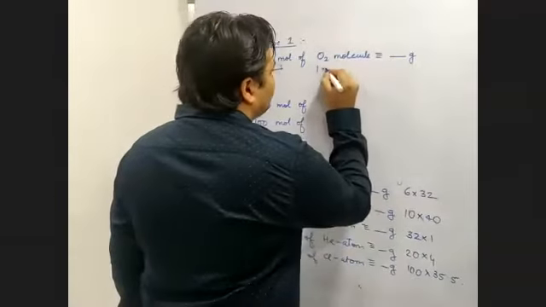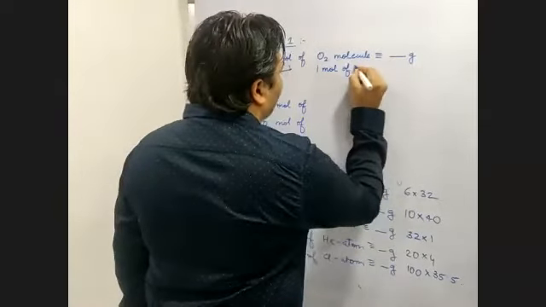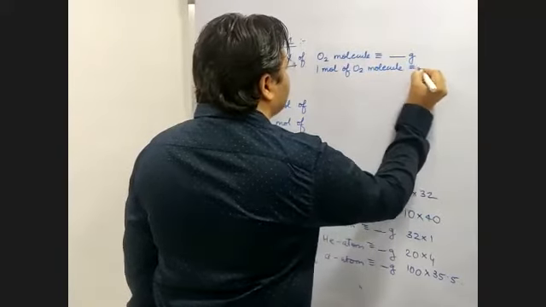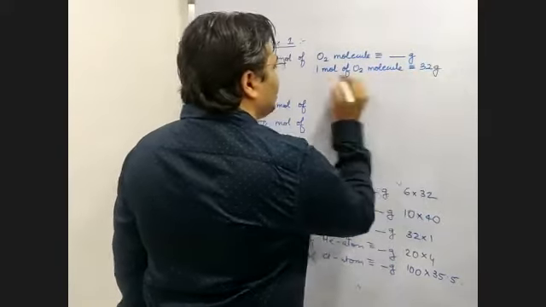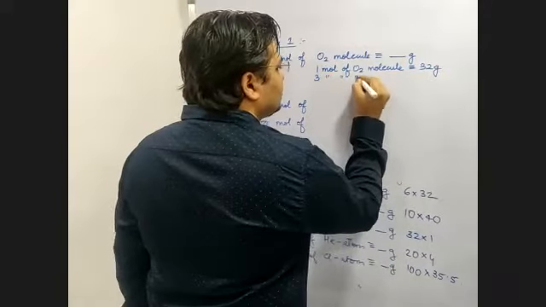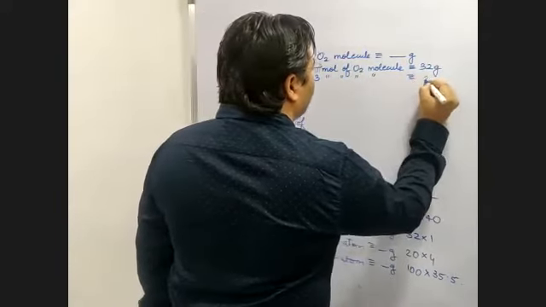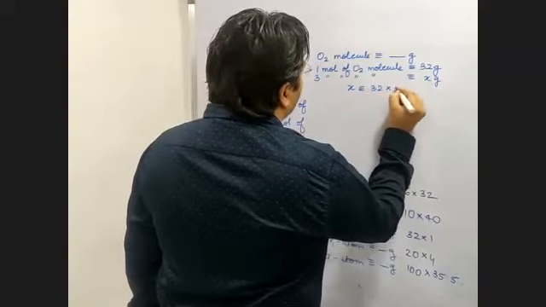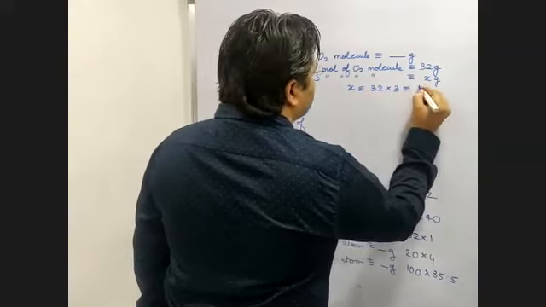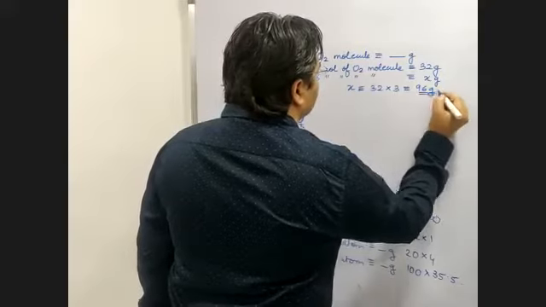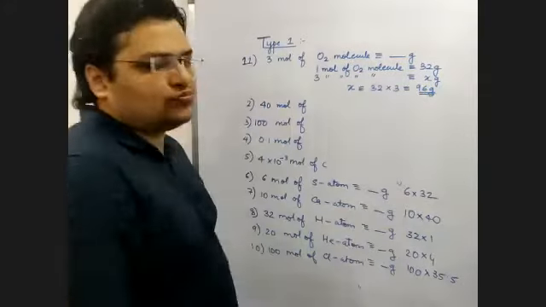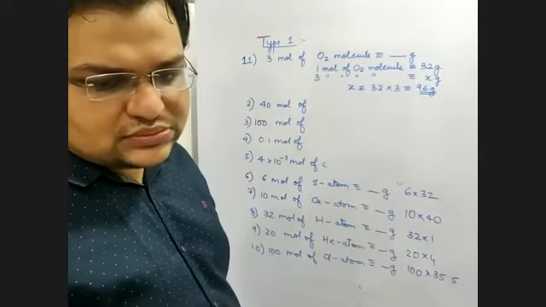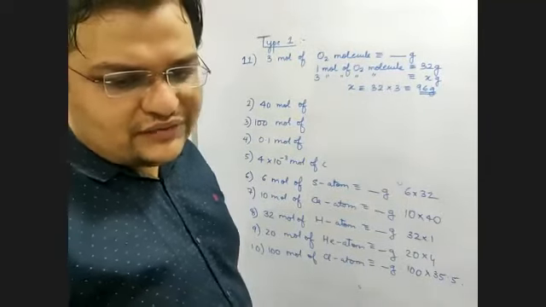So 1 mole of O2 molecule is 32 grams. So 3 mole of O2 molecule will be X grams. Have you understood this, everyone?